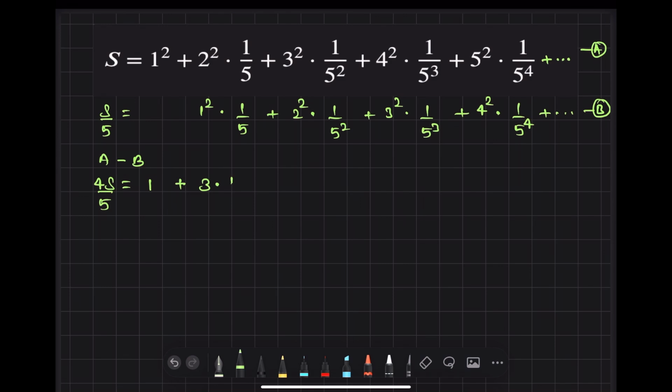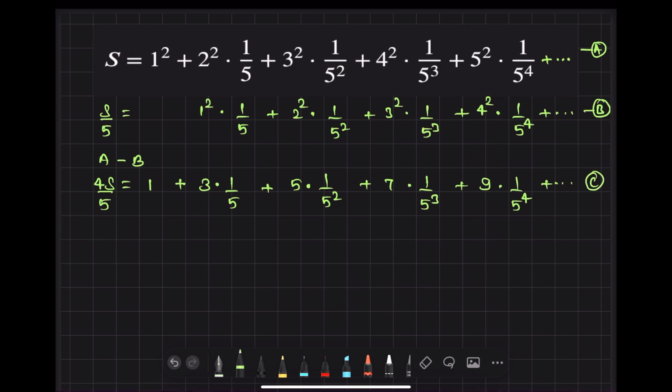Can I write 3 times 1 by 5 plus 5 times 1 by 5 squared plus 7 times 1 by 5 cubed plus 9 times 1 by 5 power 4. Okay, now if you observe, it is not a proper GP.